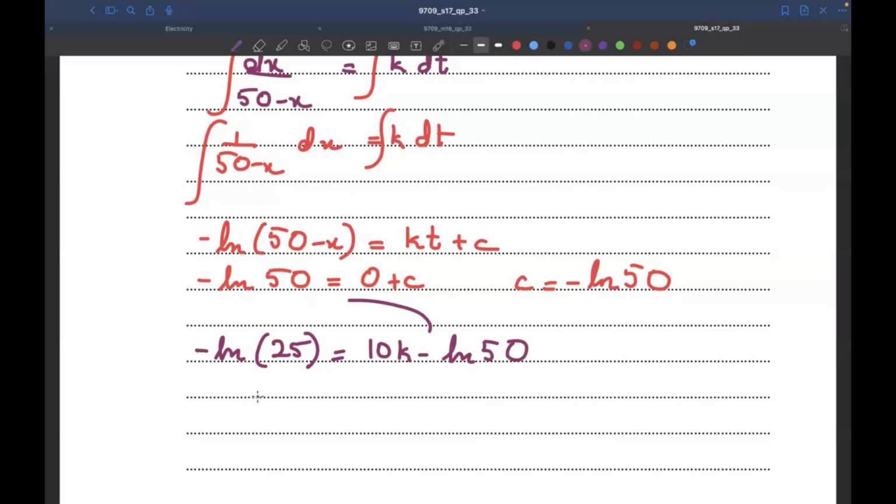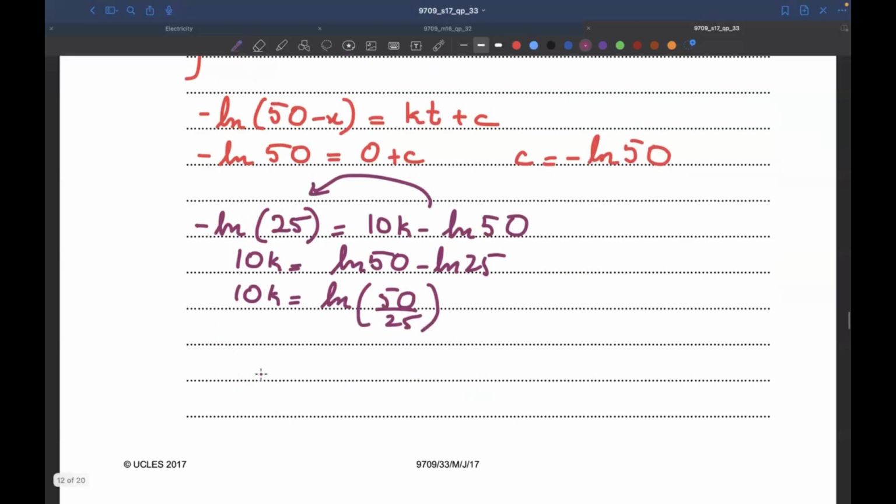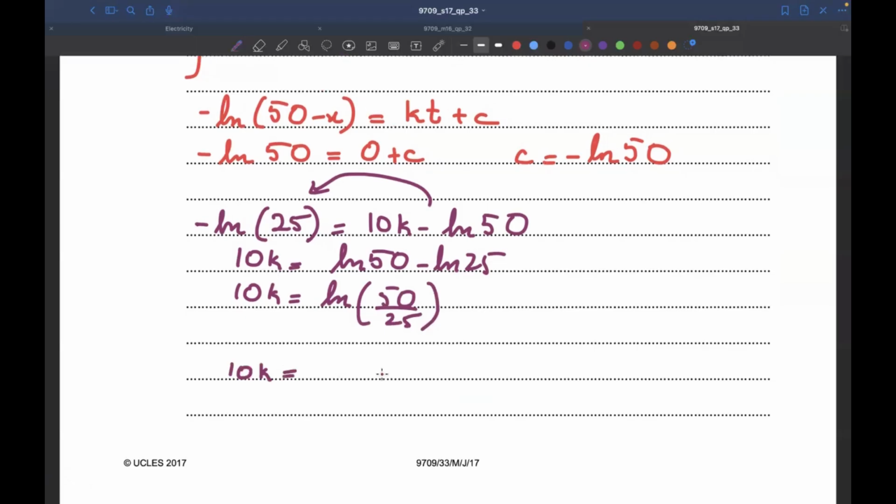Bringing this on the left hand side, we'll get 10k is equals to ln of 50 minus ln of 25. Applying the basic rules of logarithms, this will become 50 upon 25. So 10k is equals to ln of 2, and k will be equals to ln 2 upon 10.